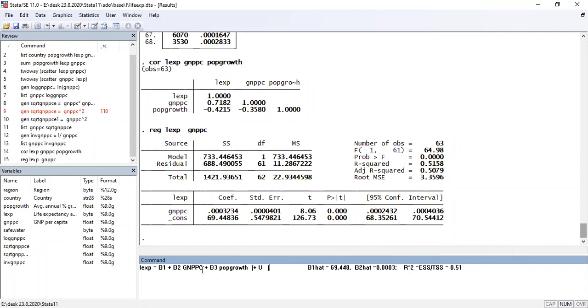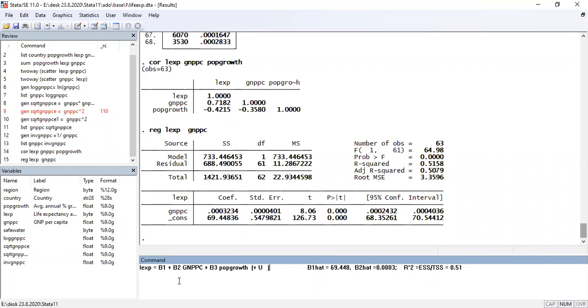You keep GNP per capita constant. Then you say, if population growth increased by 1 unit, by how much does life expectancy on average increase? That is beta 3. Everybody with me here? Yes, Professor. So that is a partial derivative, remember?